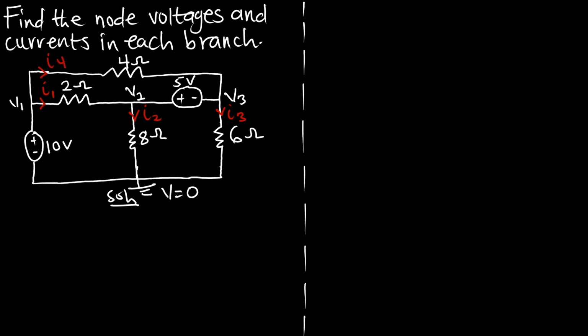So rule 1, the first rule that governs nodal analysis with voltage source, says that if there is a voltage source between a non-reference node and the reference node, we set the voltage of the non-reference node to that value. So with that idea, we can simply say that V1 is equal to 10 volts, because the voltage source is between V1, which is a non-reference node, and the reference node.